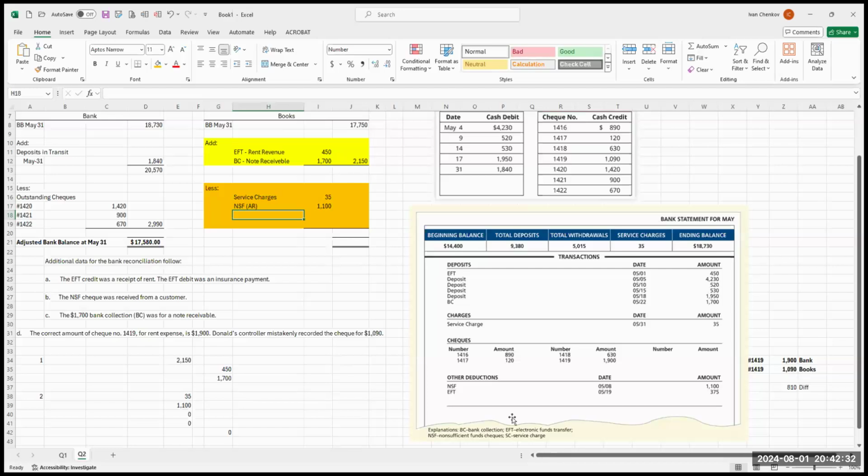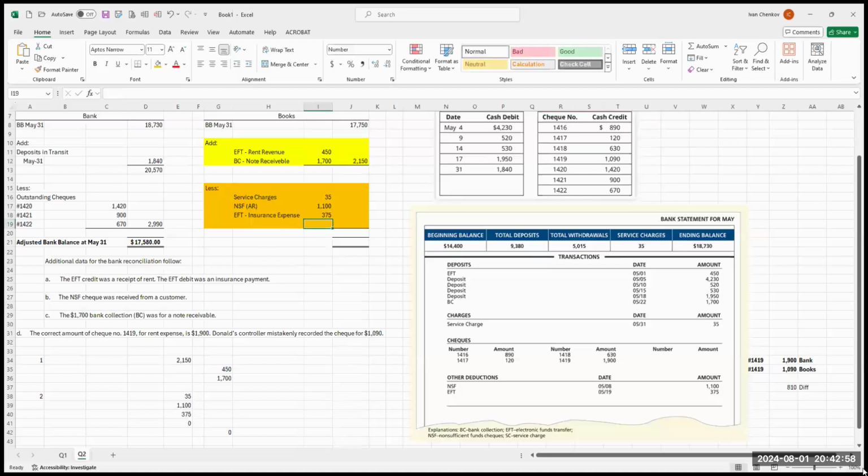The last thing left as other deductions is the electronic fund transfer on May 19 for $375. As we can see here, that is related to an insurance payment. So that electronic fund transfer is related to insurance expense, for the amount of $375.